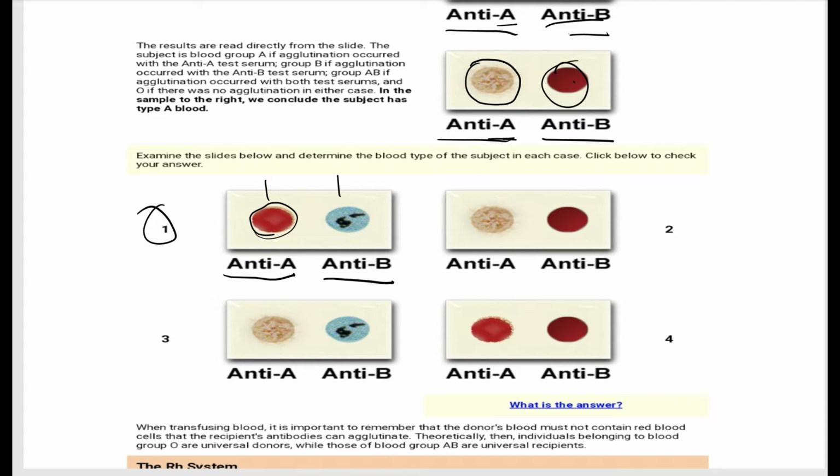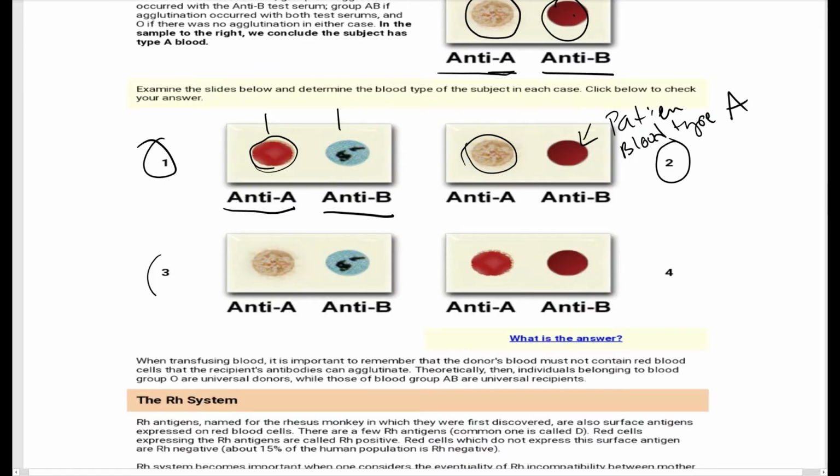It's still red, no results, nothing is expressed, and agglutination has taken place with antigen B. Moving on to question 2, we can see that on antigen B there's no difference. We can still see the blood and it looks exactly the same, but there is agglutination with antigen A, which tells us this patient's blood type is A.